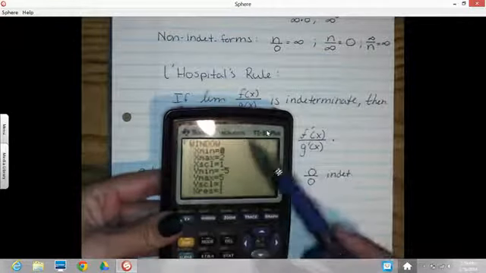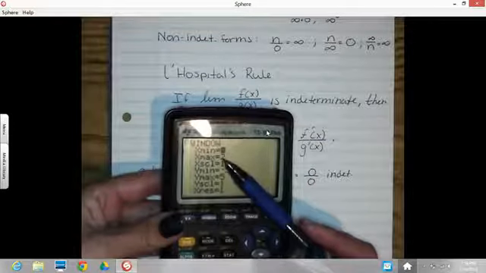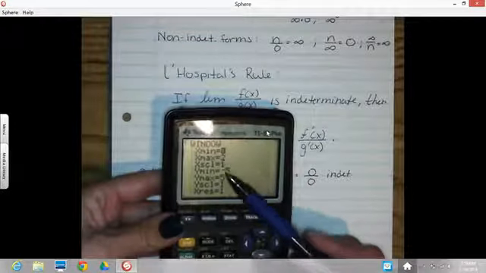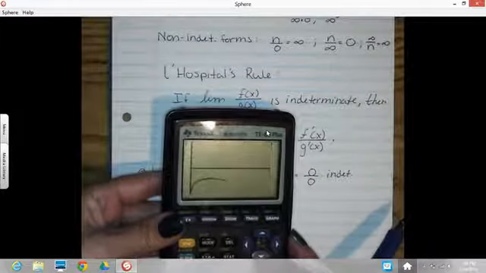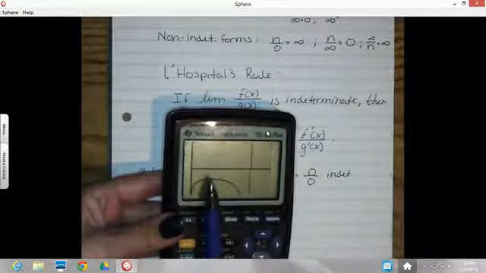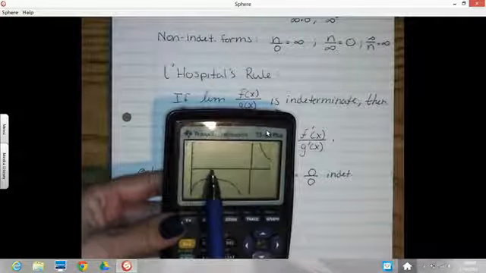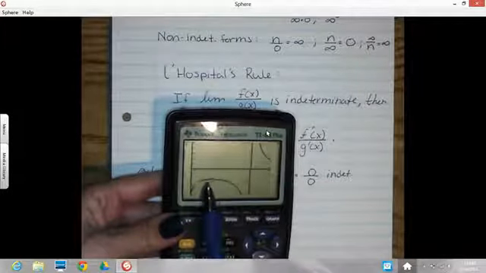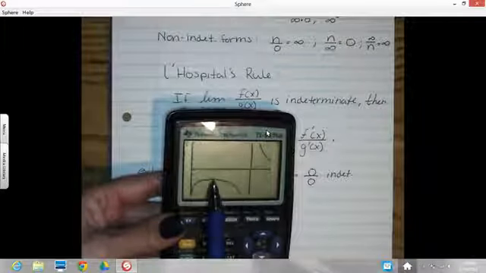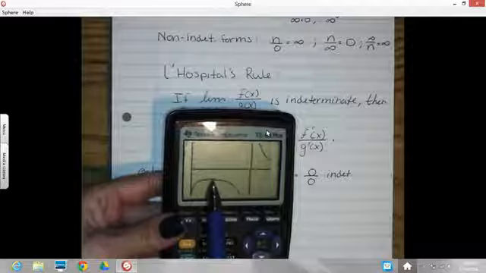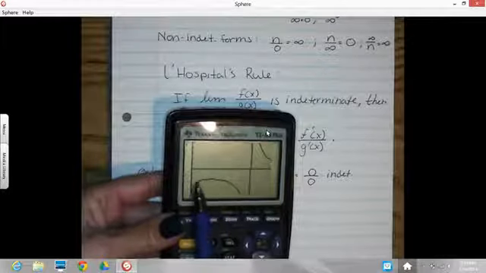So I just made the x go from 0 to 2 and the y negative 5 to 5. And this is 1 because I put the tick mark at 1, so I'm looking at what's happening at a half. There's obviously a hole in the graph here that's not showing up because I did get 0 over 0, so there's a hole here. But remember, a limit is the y value. What's this y value? It looks like it's at 2.